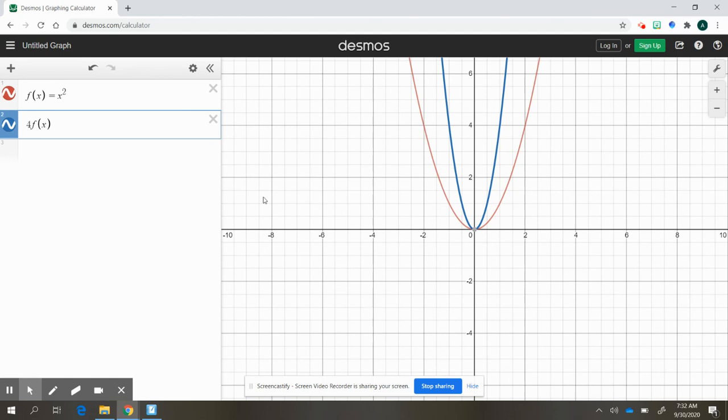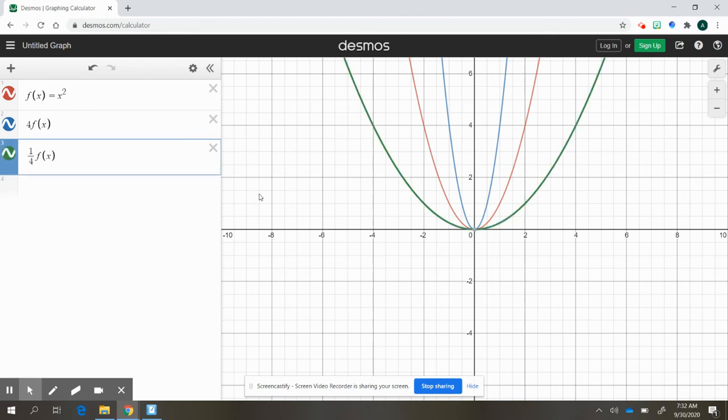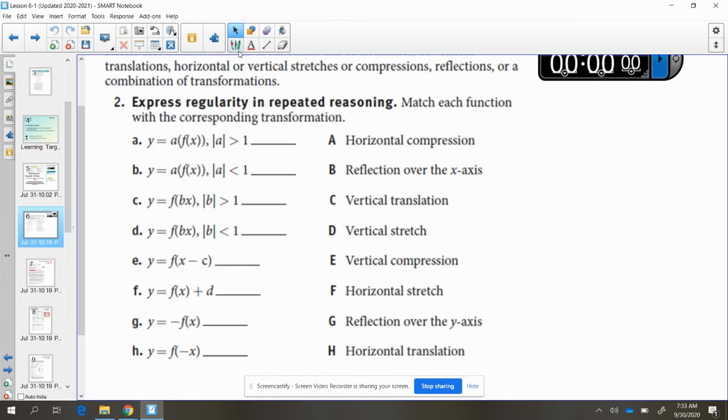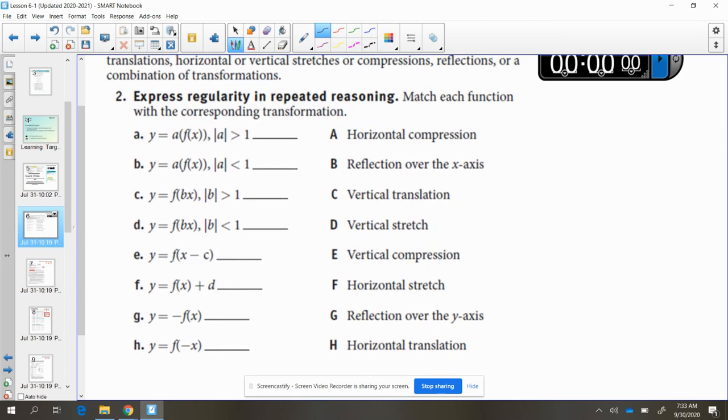We're stretching it up vertically versus if we have a value less than 1, like 1/4, where this is actually going to be a vertical compression. It's making it wider here. Okay, so for our first two here, we should have D and E taken care of.